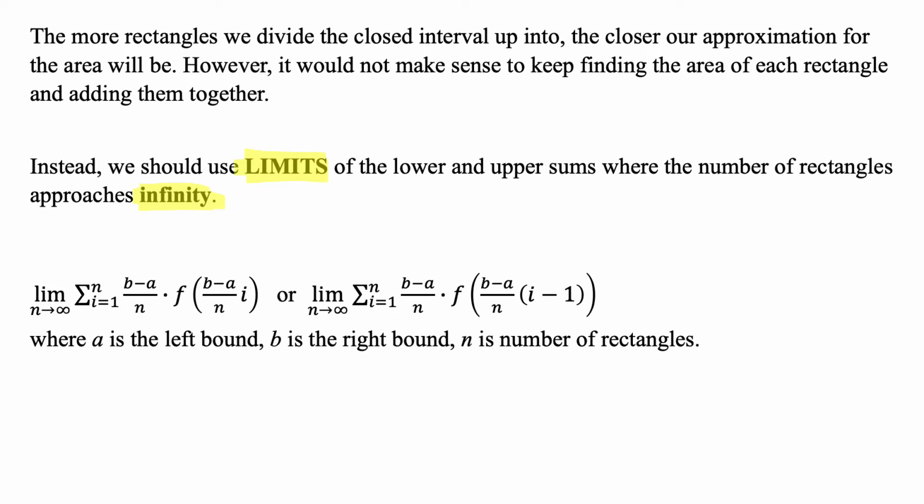You have the limit as n goes to infinity of the sum from i equals 1 to n of b minus a over n, where b is your right bound, a is your left bound, and n is your number of rectangles, times the function evaluated at b minus a over n times i for your right, and then the same thing but times i minus 1 for your left.